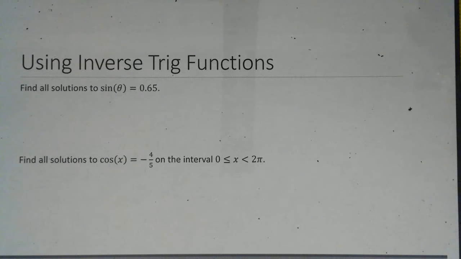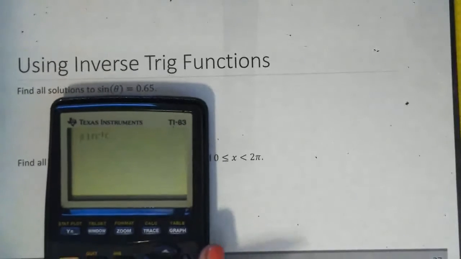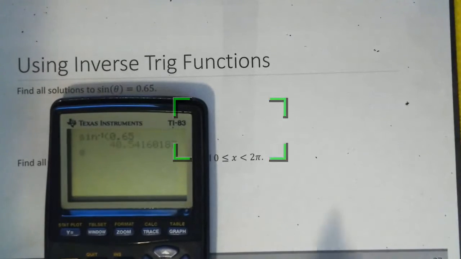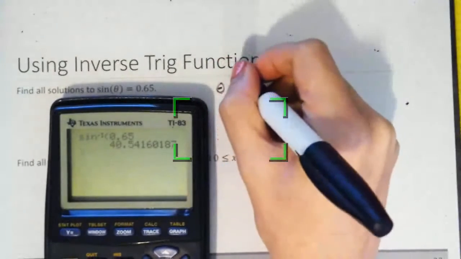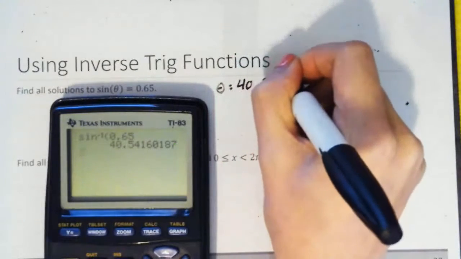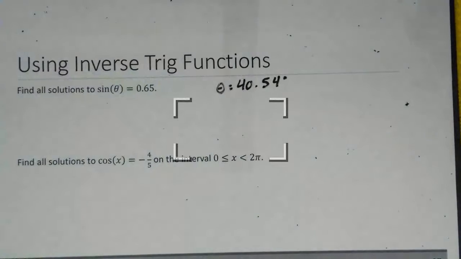There should be two of them, one in the first quadrant, one in the second quadrant. If I take the inverse sine of 0.65, I get that theta is equal to 40.54 degrees. That's my quadrant 1 answer.